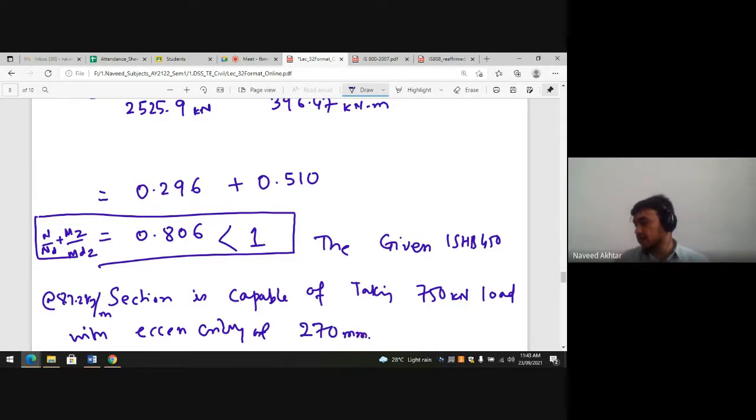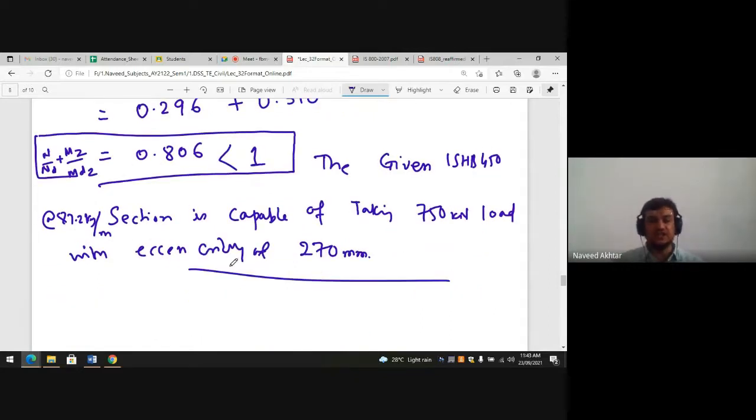Okay, if eccentricity increases, your moment will also increase. That's why we have mentioned eccentricity here also. So this is the example. If a uniaxial bending example comes, then you have to solve it like that. So this is all about the example, and we have completed it.